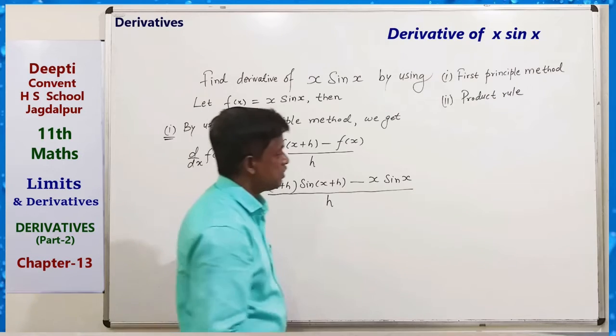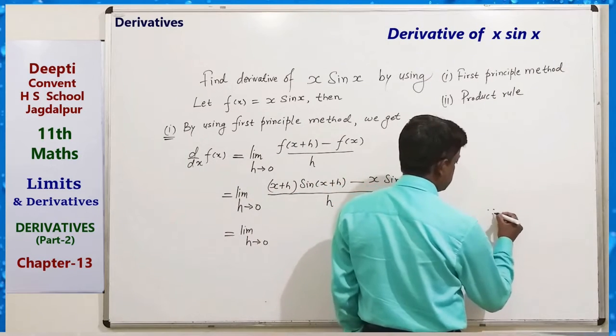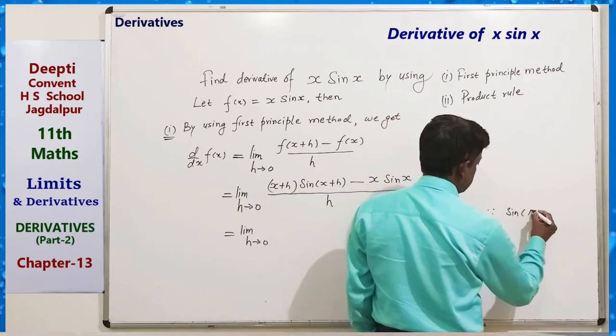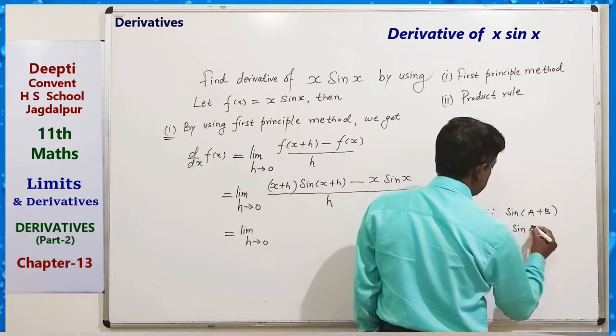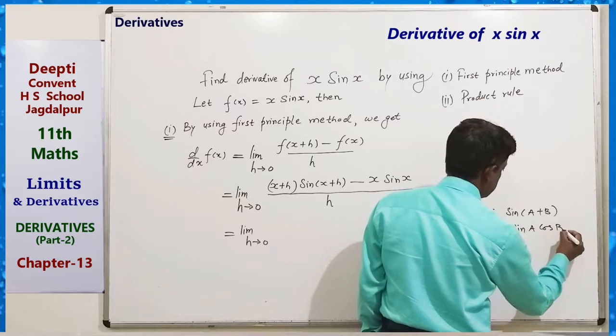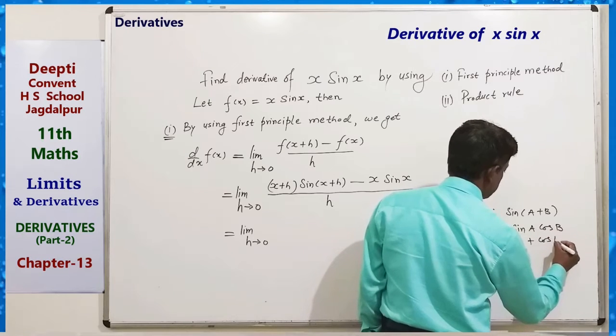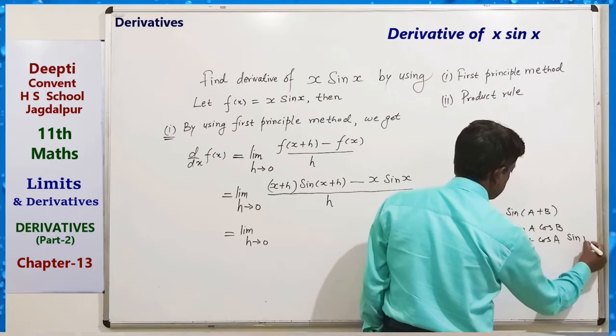We can use the sin(a plus b) formula, since sin(a plus b) is equal to sin a cos b plus cos a sin b.